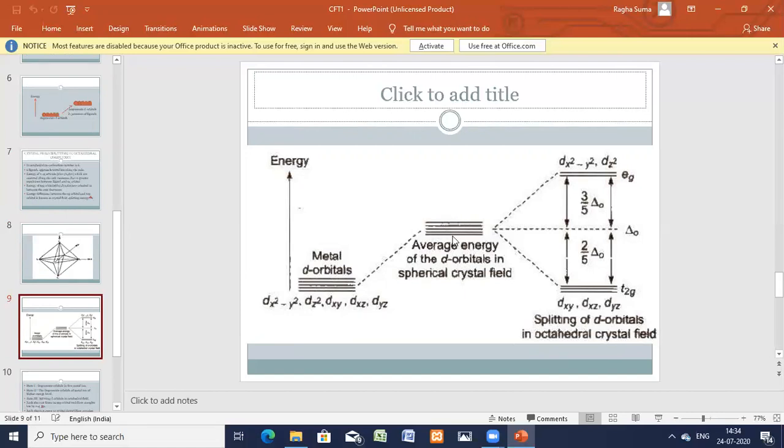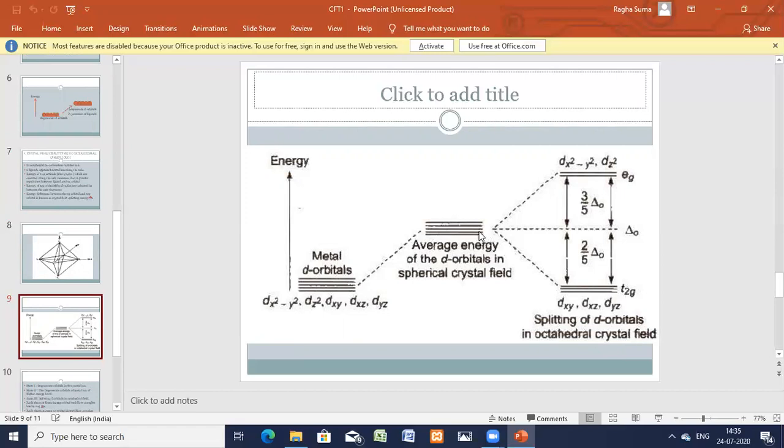Still these are degenerate, all of them having the same energy, but their energy is increased compared to the previous condition.